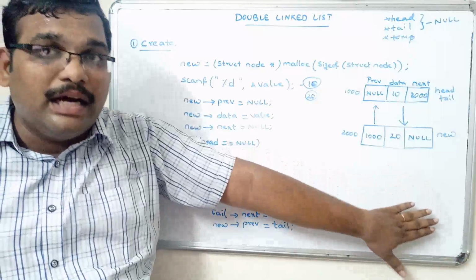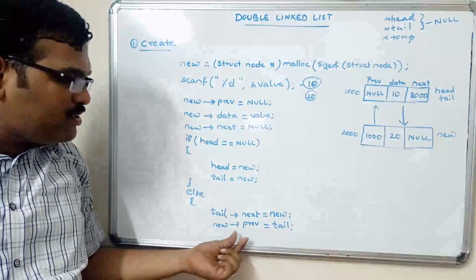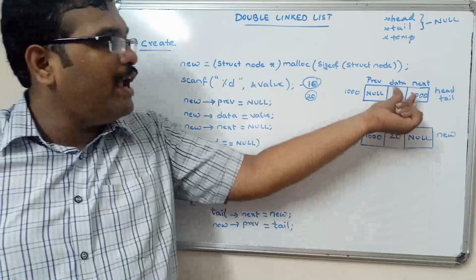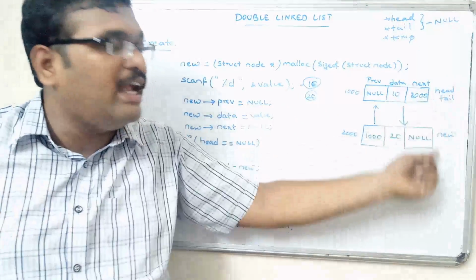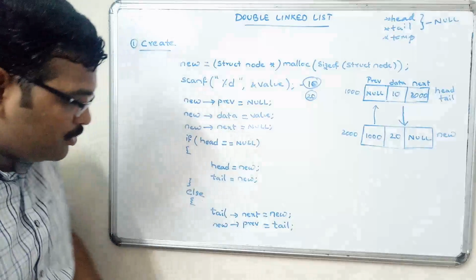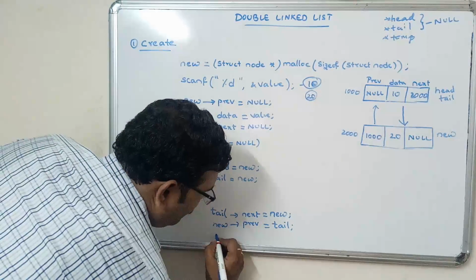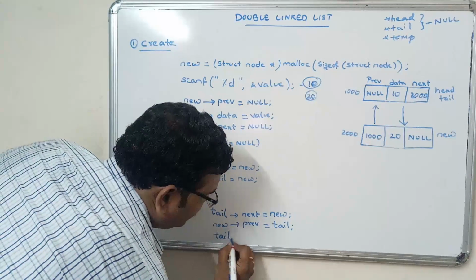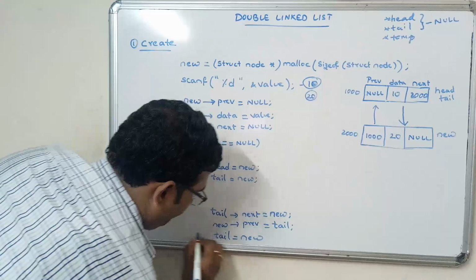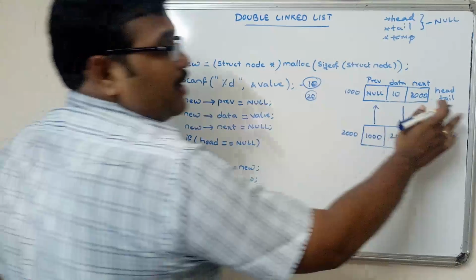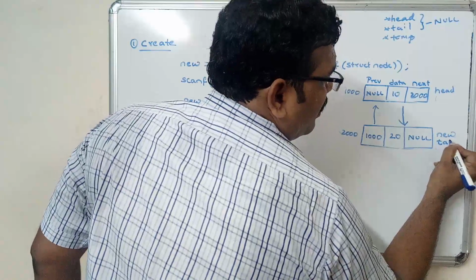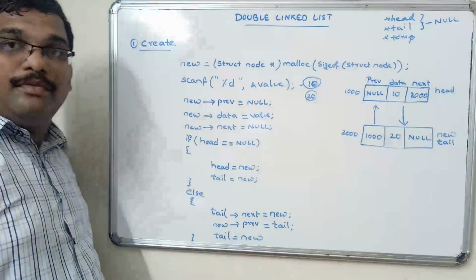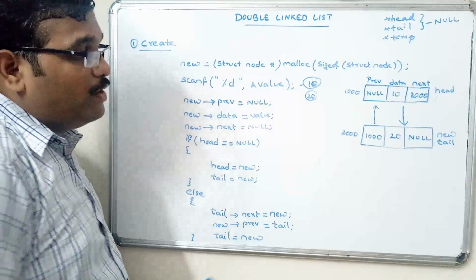If you go with the third element and place the address of head there, it will be wrong. So we have to move the tail from the first element to the second element. So our next one is tail is equal to new. Automatically the tail will be released from here and assigned here. Hope you understood this one.